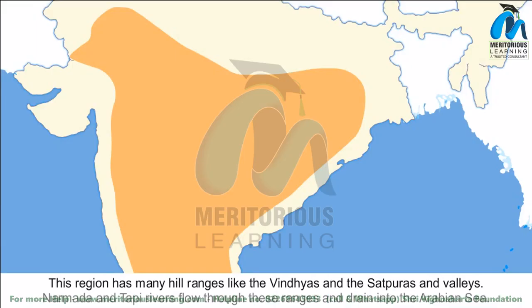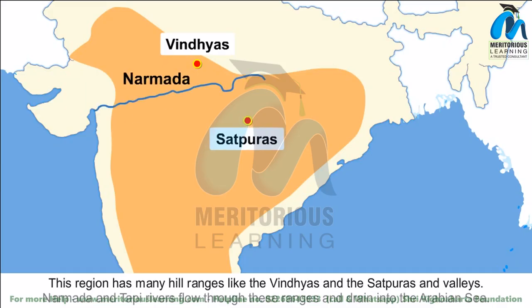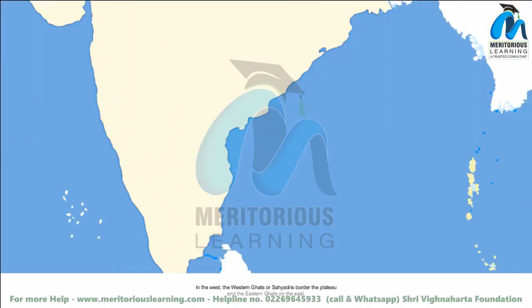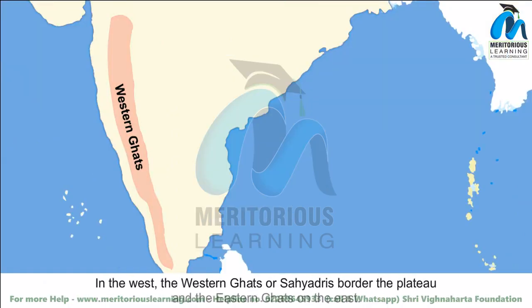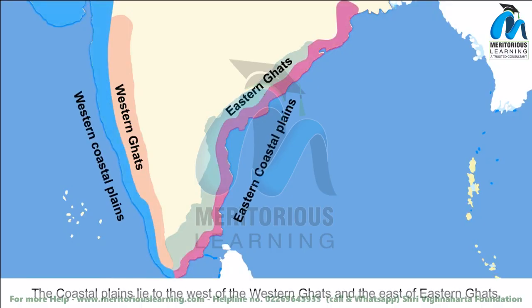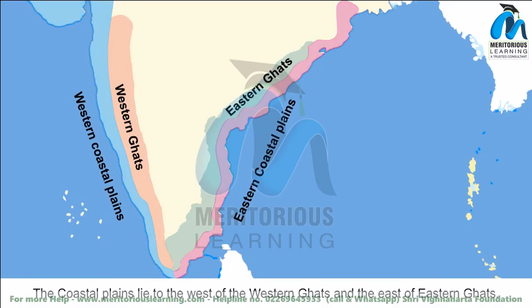This region has many hill ranges like the Vindhyas and the Satpuras and valleys. Narmada and Tapi rivers flow through these ranges and drain into the Arabian Sea. In the west, the Western Ghats or Sahyadri borders the plateau and the Eastern Ghats on the east. The coastal plains lie to the west of the Western Ghats and the east of the Eastern Ghats.